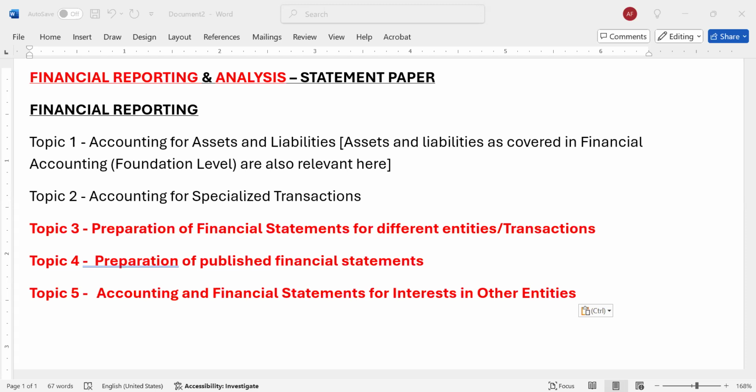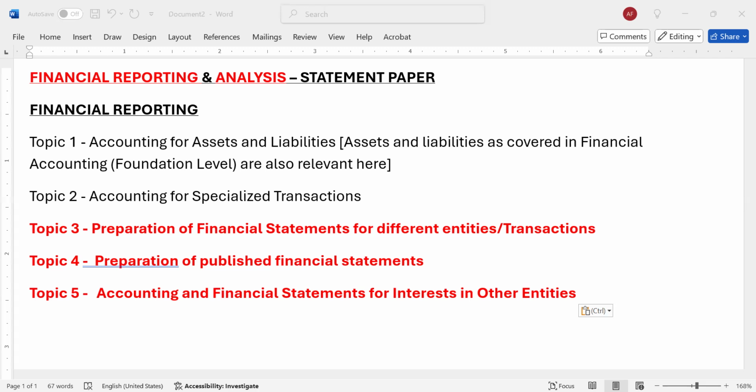In addition to all this, there is the concept of branches, accounting for branches. It is one of the very important concepts that you must be able to understand clearly. Remember, this topic is currently under accounting and financial statements for interest in other entities, which is topic number 5.